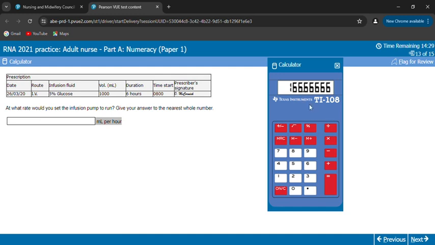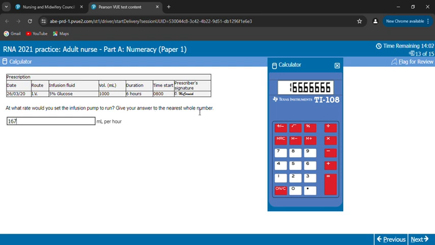Here is one thing that you need to understand. Look at the question: at what rate would you set the infusion pump to run? Here is a new thing: give your answer to the nearest whole number. In that situation, you don't have to write anything after the decimal. So the answer will be 167 ml per hour. Now you will ask why the answer is 167.